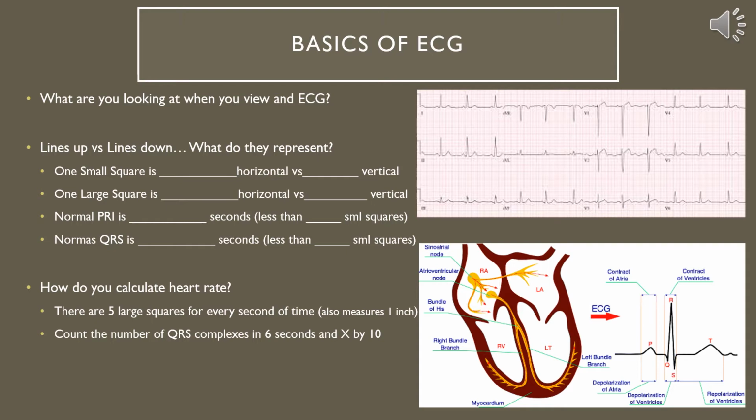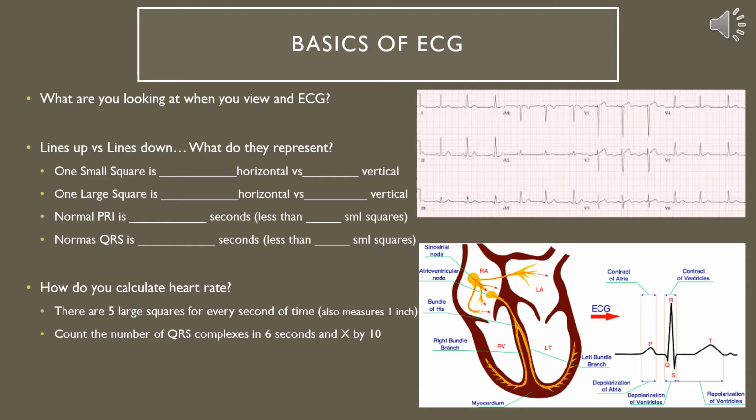So you have 5 little squares for each big square. Conversely, when you're looking at one small square vertically, that's 1 millimeter of amplitude measurement, versus the one large square, which is 5 millimeters.